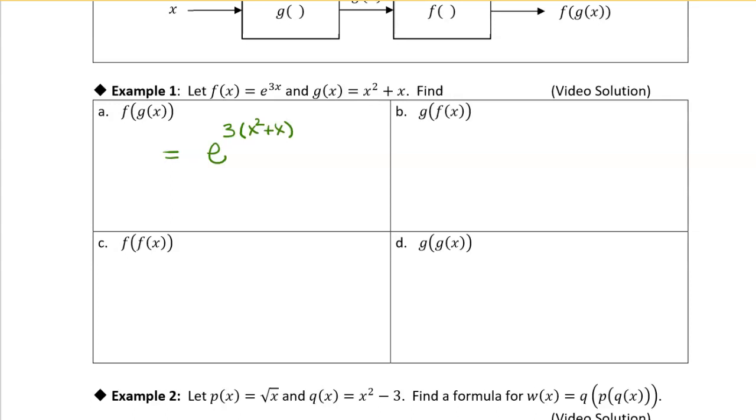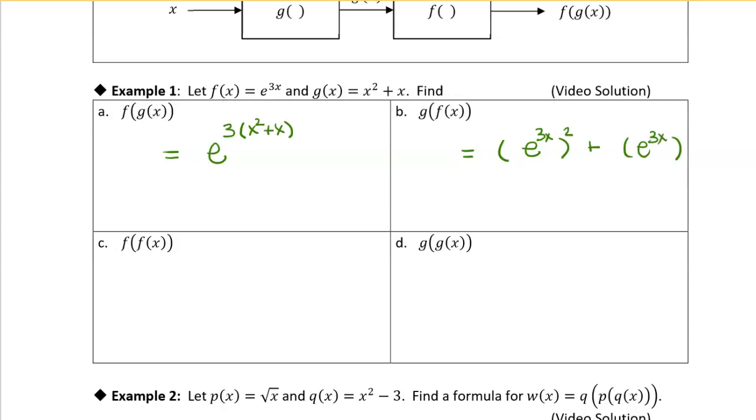All right, so let's look at g of f of x. Now, g of x is x squared plus x, right? But the input is x, so it's something squared plus something. In place of x, I'm going to write e to the 3x, squared, plus e to the 3x.